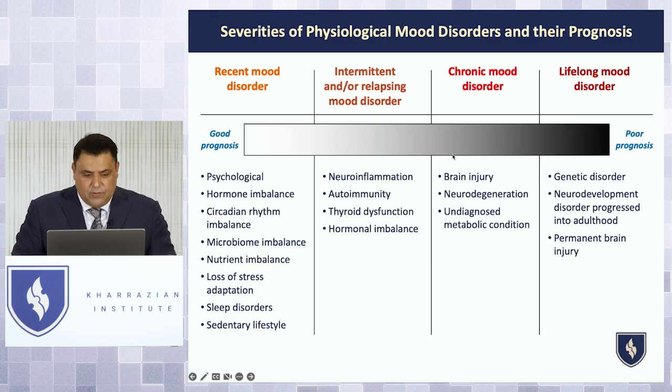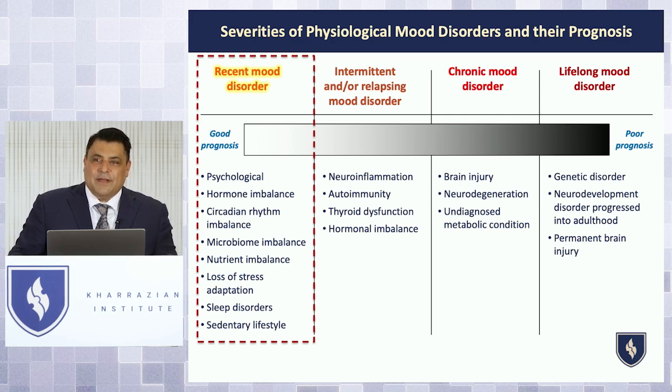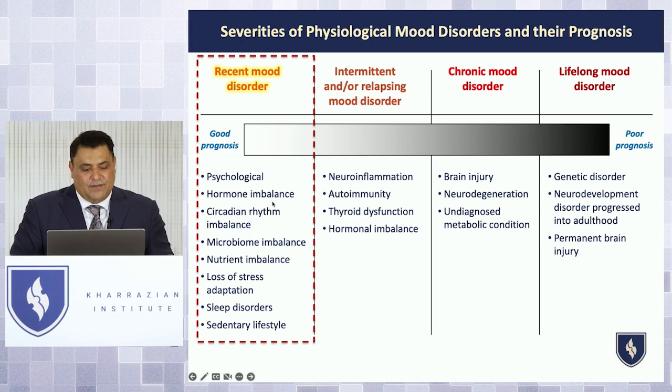If someone has a recent mood disorder, the prognosis is good. They recently had some anxiety or depression pop up in the past couple of months, and they can't shake it off. That's when you do a very thorough history and find out: they stopped working out, they have a sleep disorder, there's more stress in their life, their blood sugar is dropping all over the place, they have some hormone imbalances.